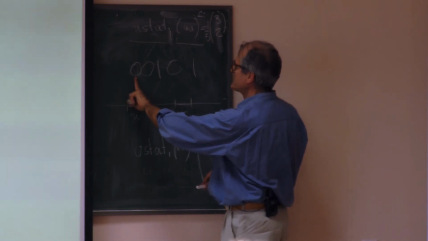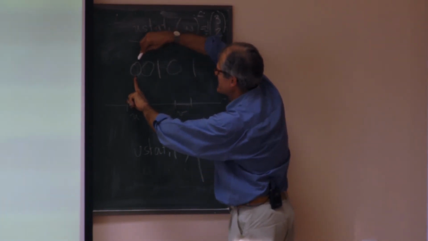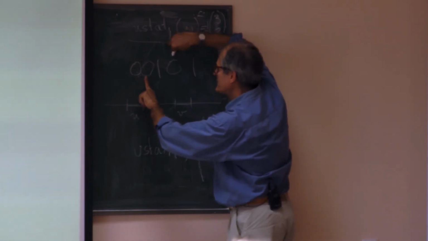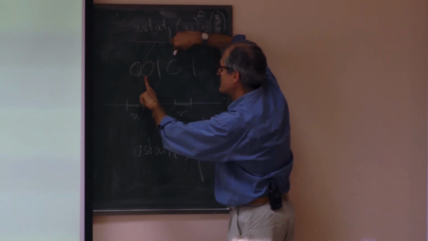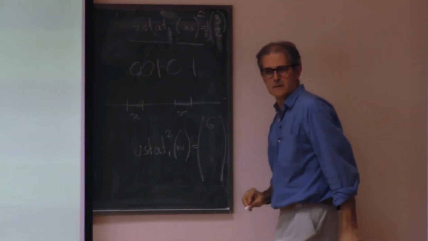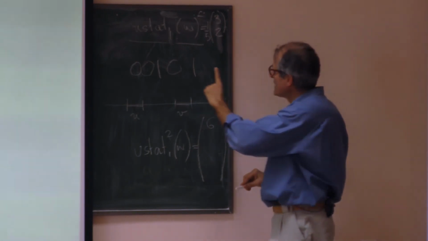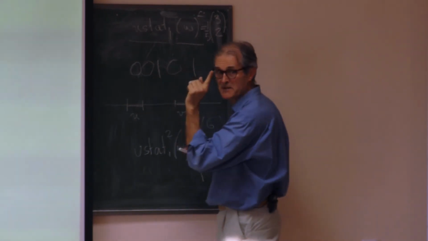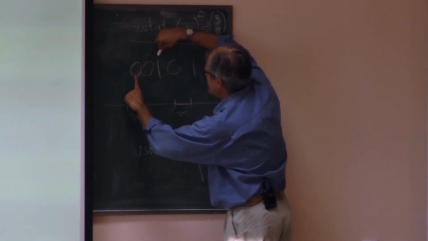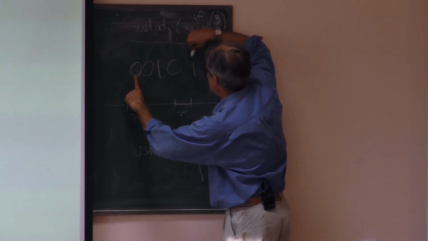So if U is here, how many possibilities do I have for 0, 0? I have 3. If U is here, I have 2, 3, 5, plus 1, 6. Now I'm counting 0, 1. So U is here, V is here, 1, 2.